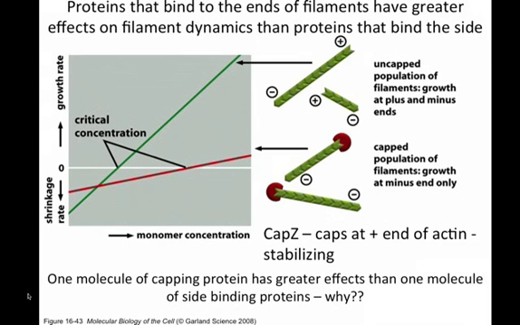Then it's actually going to change your critical concentration, making it greater, so it's actually less likely to disassemble. And so basically what you have is this stabilizing effect, and you also don't have any growth because you've capped the end. So one molecule of capping protein has greater effects than one molecule of side binding proteins. Why?